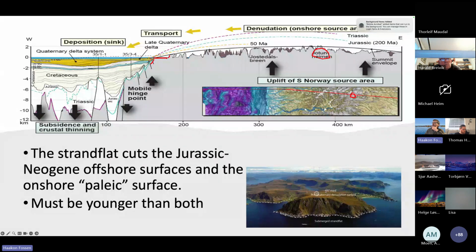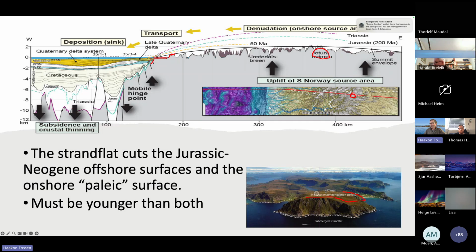It cuts into that too. That's probably a surface close to what was there before the Quaternary, at the end of the Neogene. That's the surface you see here, for example, at the top. In the west, it's pretty low, and then it gets higher inland.